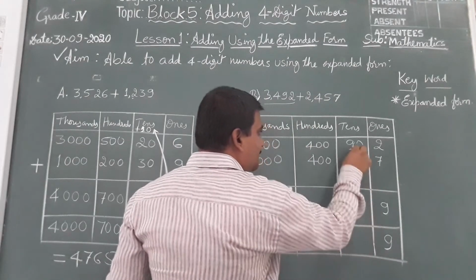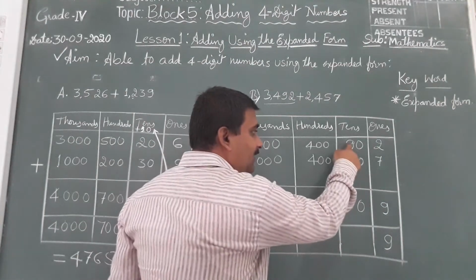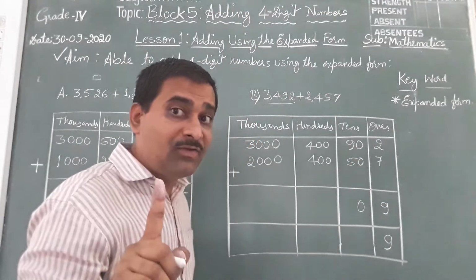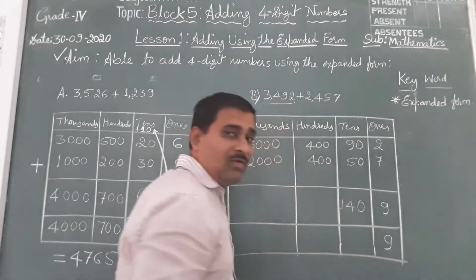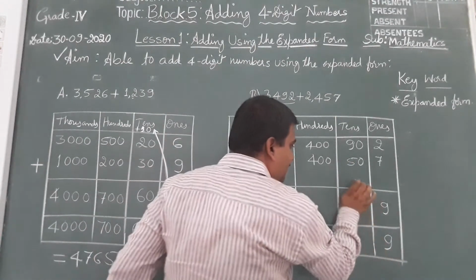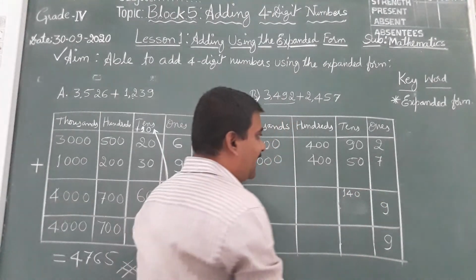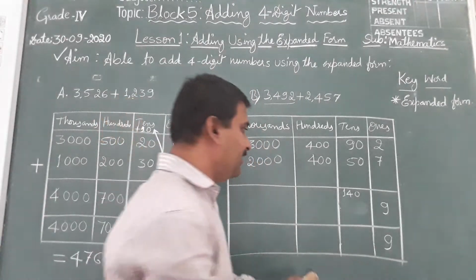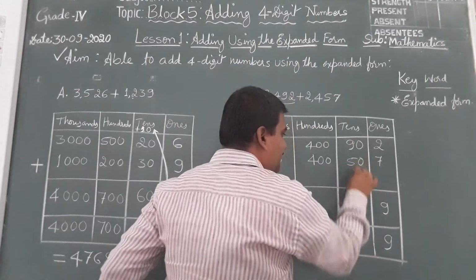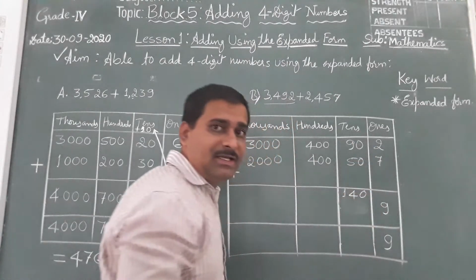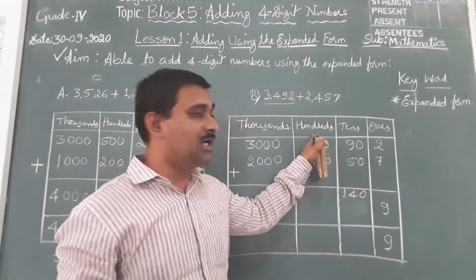0. Look here children, be careful. You are getting 9 plus 5, 14. 140 you will get. Let me write it, children. 0 plus 0, 0, 9 plus 5, 14, 140. You should not write 140 here because 100 should go to the hundreds place.